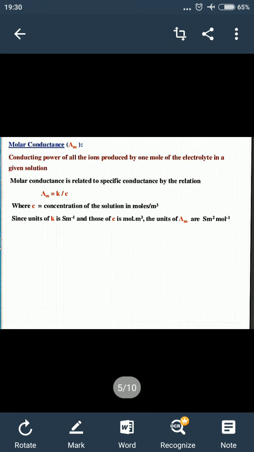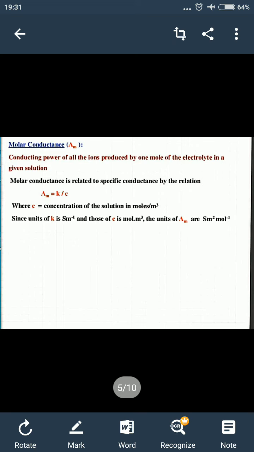If 1 gram equivalent is present, we say equivalent conductance, and if 1 gram mole of ions is present in the solution, then it will be molar conductance. If equivalent weight and molecular weight are equal, then the equivalent conductance and molar conductance must also be equal.